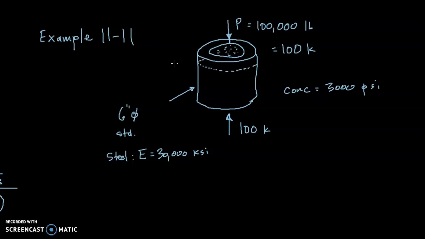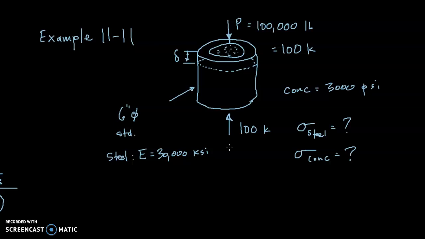It's going to shorten from its original length. Both the steel and the concrete are going to shorten the same amount. What I want to do is find the stress in the steel and find the stress in the concrete.